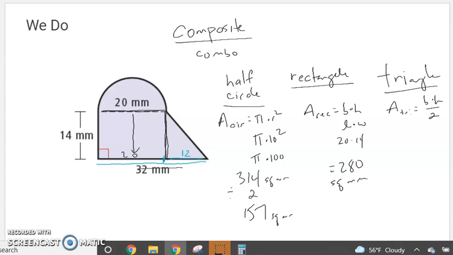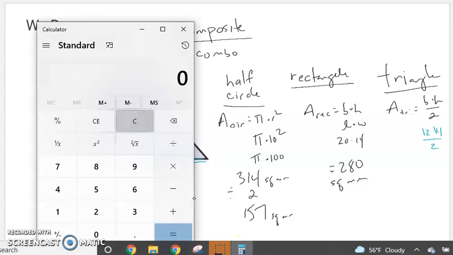So its base is 12. Its height is the same as this because that side's 14, so is that side. So its area is 12 times 14 divided by 2. 12 times 14 is that, divided by 2 is that, 84.